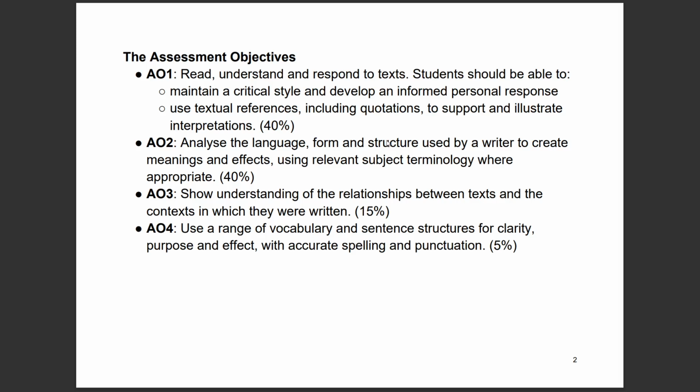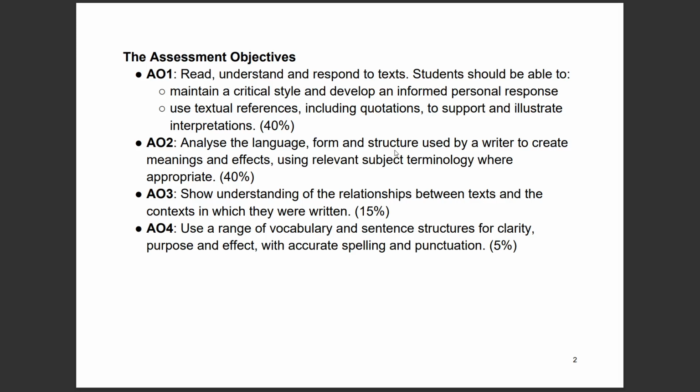Now, the word structure is important. Students often think it means the layout. That's not really true. That's only about 10% of structure. When it comes to poetry, yes, it can be the layout, but structure really means the beginning, middle, and end of a text. How is the content organized?